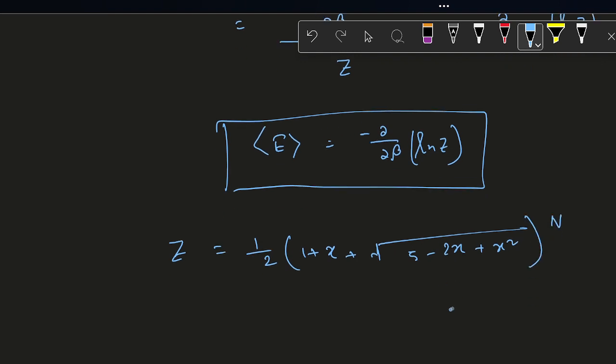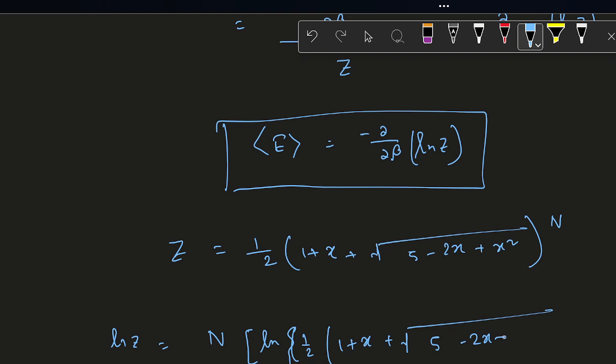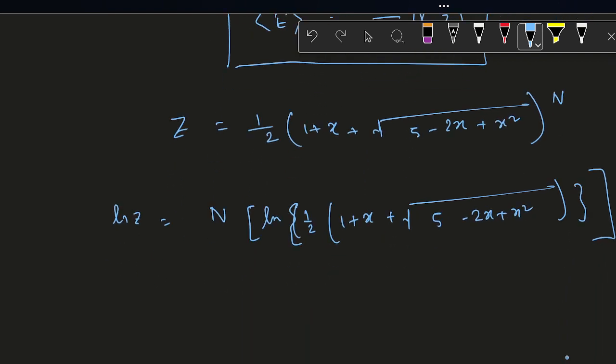So this was your Z from problem number 3. When you take the ln of that, the n comes forward, since it is the power. So n ln of half into 1 plus x plus root of 5 minus 2x plus x squared.